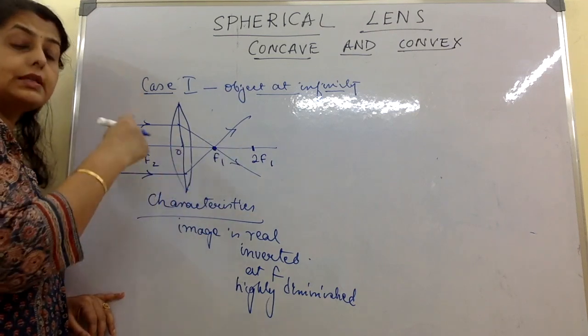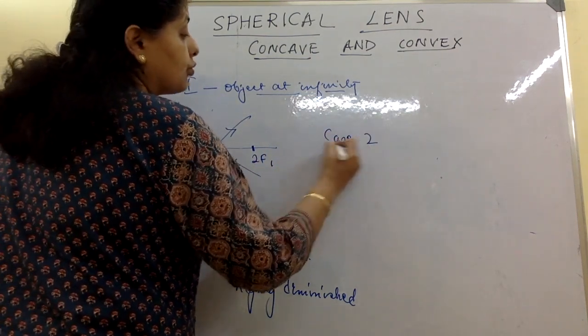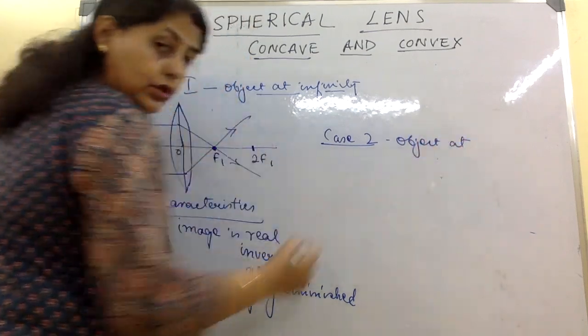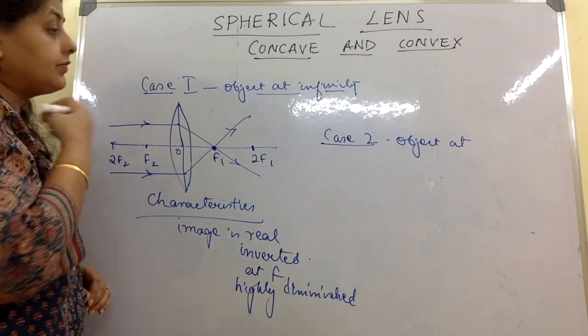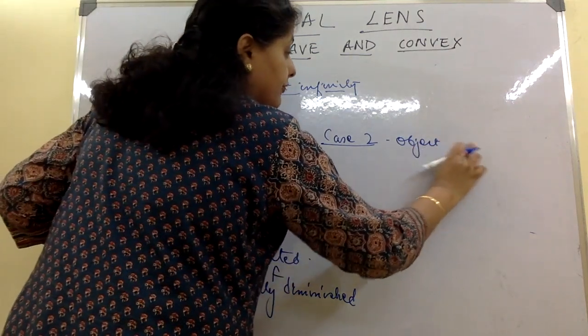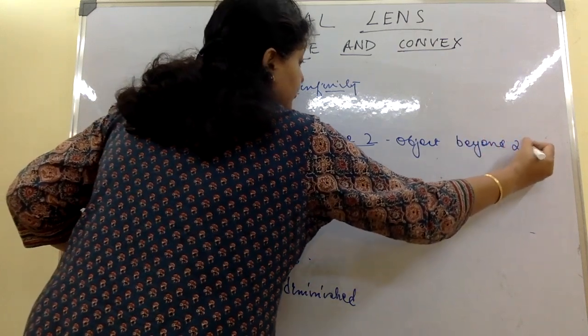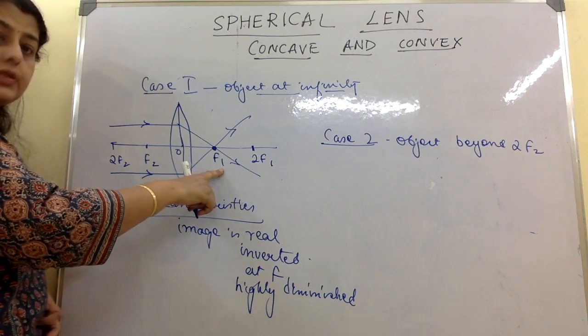Let's talk about the next one, which is case 2. Now case 2, object beyond 2F2, because if I am considering this as 2F1.